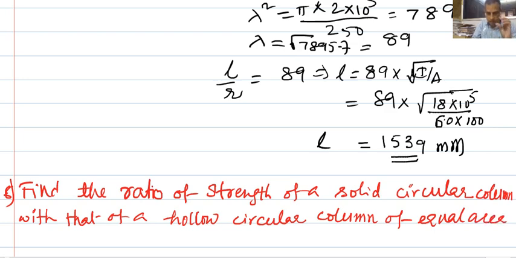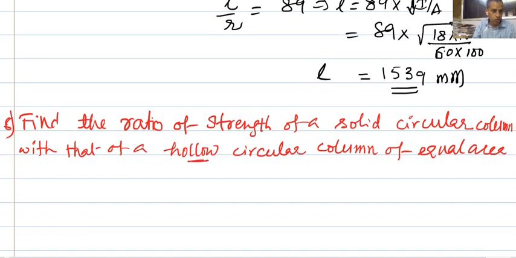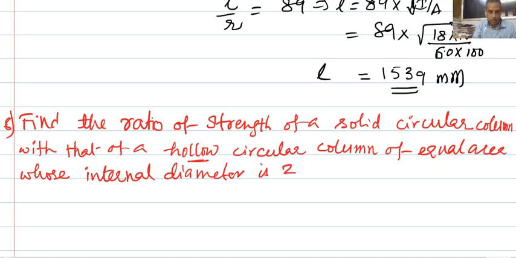I want a strength. Strength means I can say PCR for a solid circular and that for a hollow circular with the same area. Okay, the same area whose internal diameter is 2/3 of external diameter, 2/3 the external diameter.